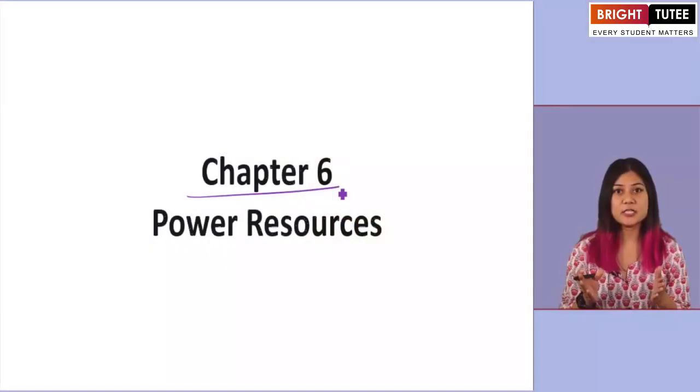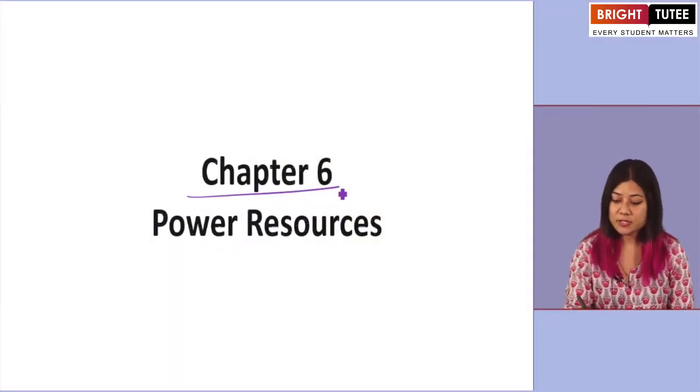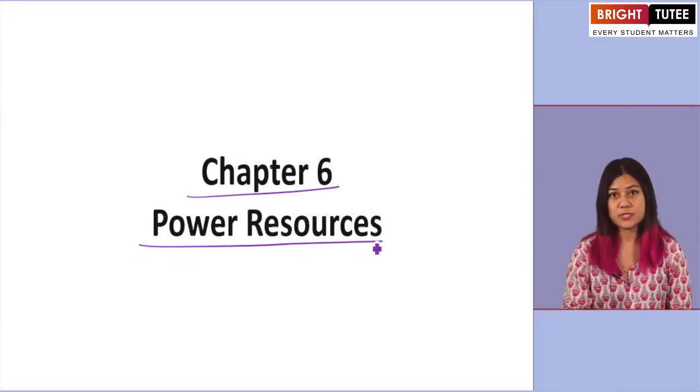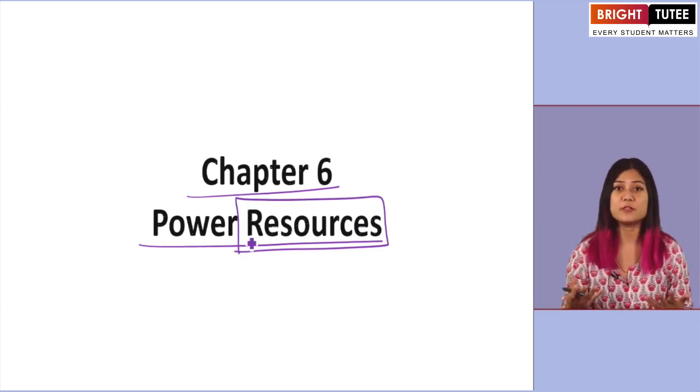So today we have chapter 6 from the section which deals with geography, and the title for this chapter is called Power Resources. In the earlier chapter we have done what resources are. We looked at various kinds of resources, its conservation, its significance, its importance, its use.